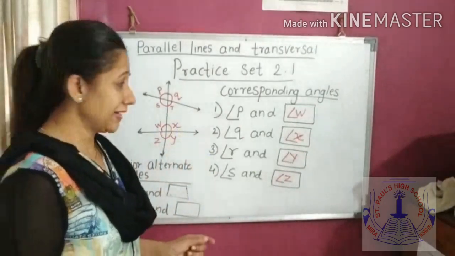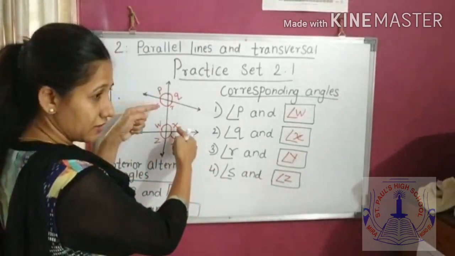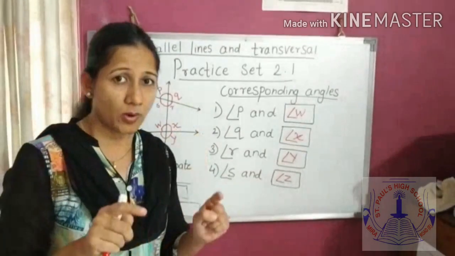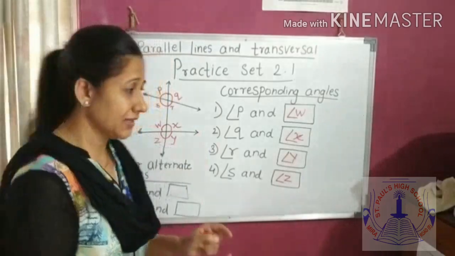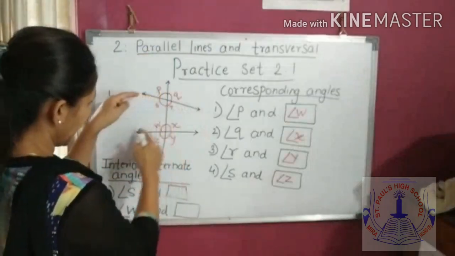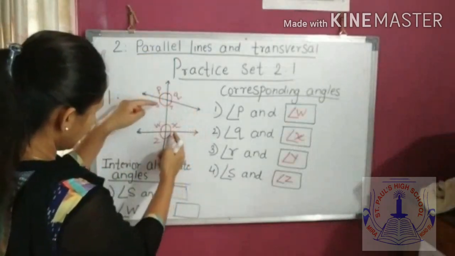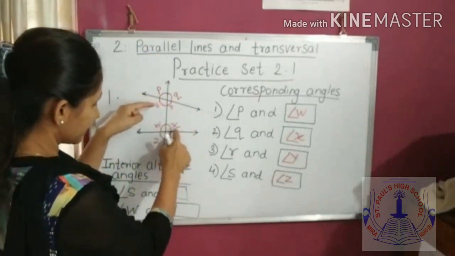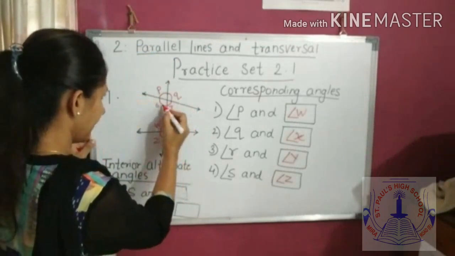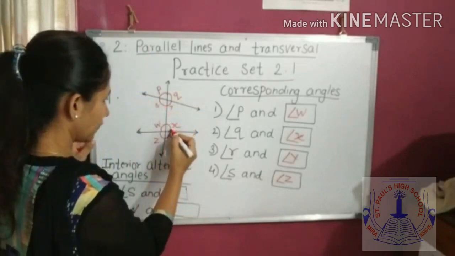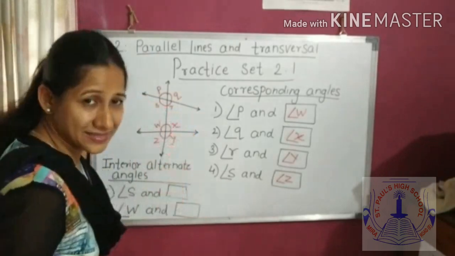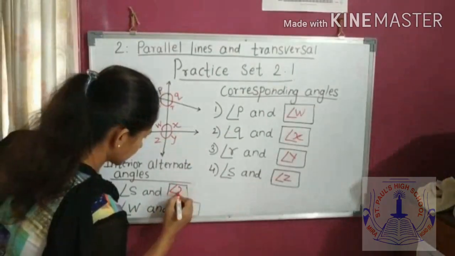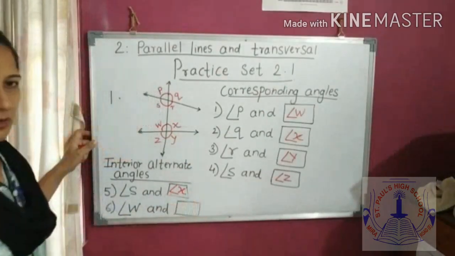They are on the opposite sides of the transversal, and they are inside the 2 given lines. So for angle S, exactly at the opposite is angle X. So for angle S, we have angle X.